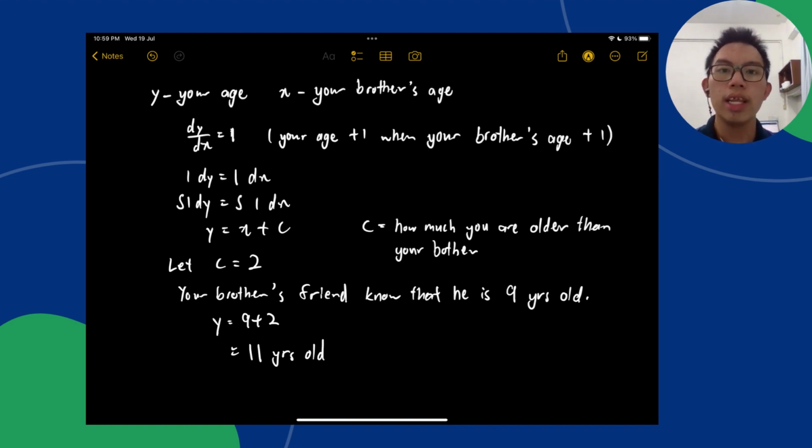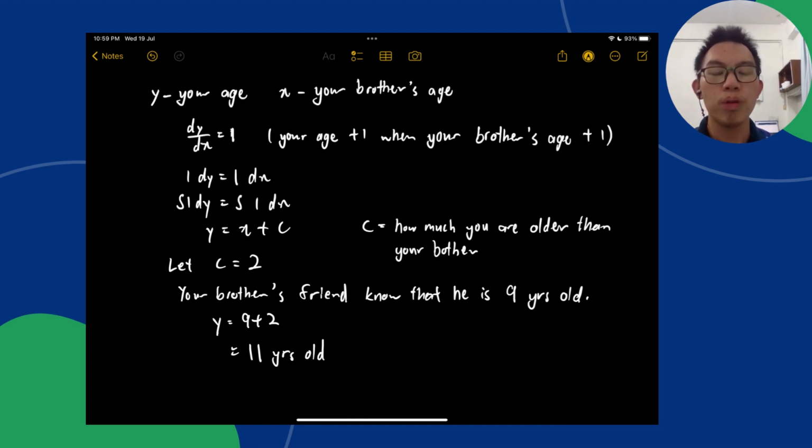So let it be that you are older than your brother by 2 years, so c equals 2. Now your brother's friends know that he is 9 years old. So they can know your age by applying the formula above. y equals 9 plus 2, and your age is 11 years old.